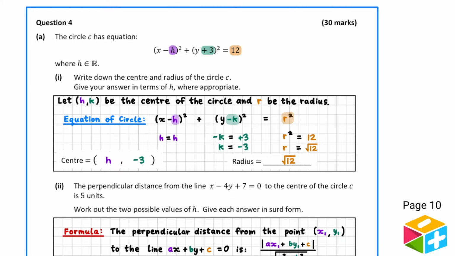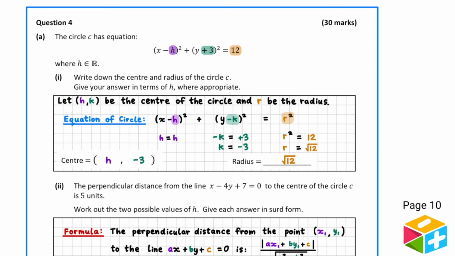This gives us three equations. h is equal to h, minus k is equal to plus 3, and r squared is equal to 12. Changing the signs of both sides, minus k equal to plus 3 implies that k is equal to minus 3.